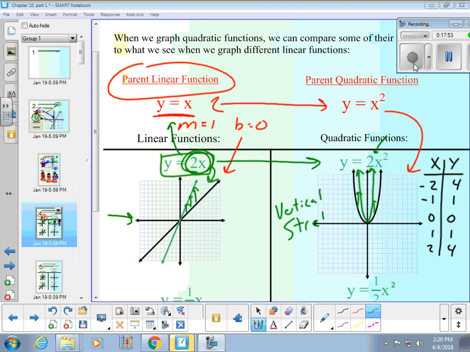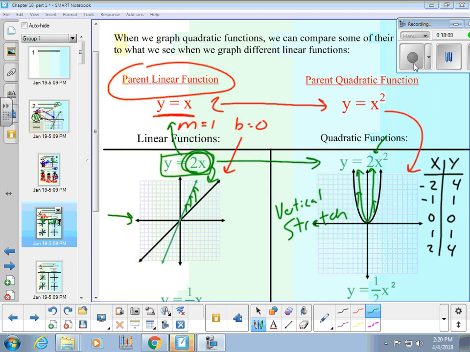All the points that were on our original parent function get stretched vertically, stretched higher, and it makes the U seem skinnier, or again, all the points on it are higher, so it makes it steeper, just like a slope does.